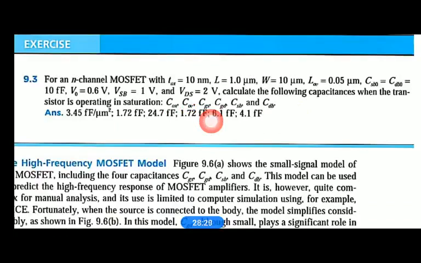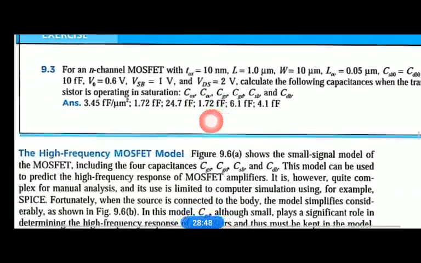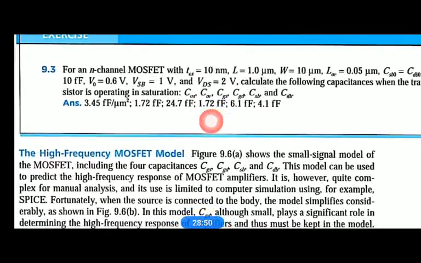It is not given here, so you have to find it out. Later I will solve and give these problems. So in the next session we'll continue this topic with the high frequency MOSFET model. Till then, take care. Bye.